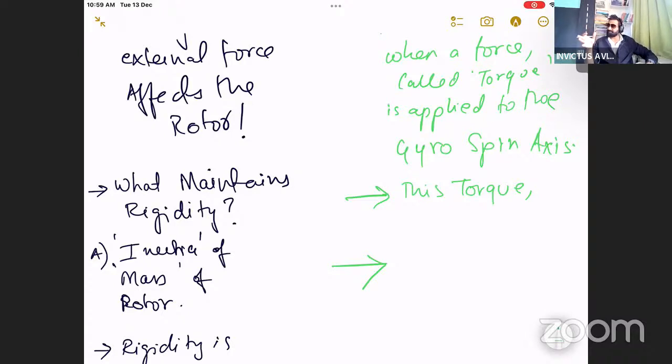Without the brackets: precession acts 90 degrees in the direction of rotation after the torque is applied to the spin axis.